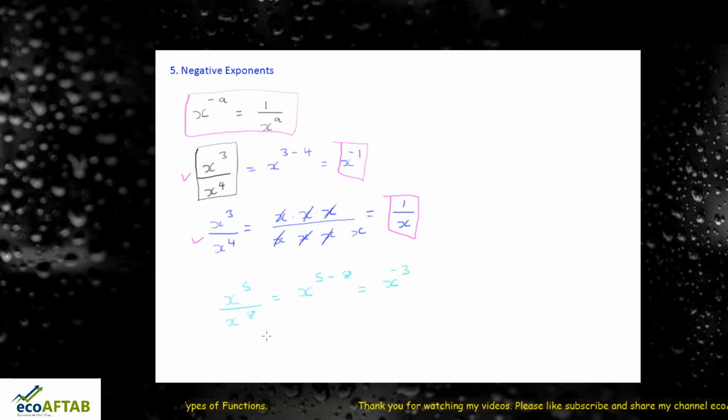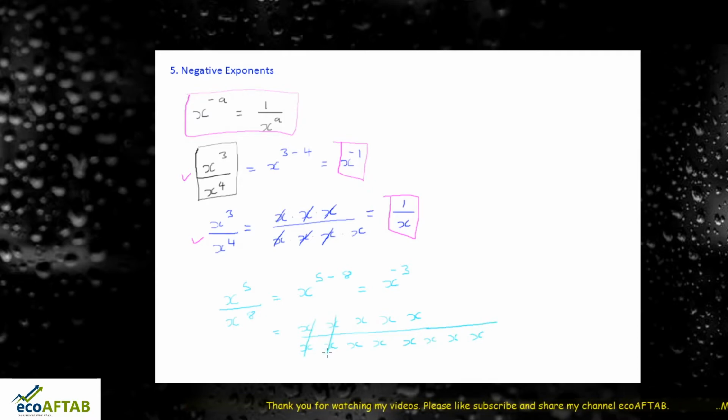If you solve it by our routine method, it will be x into x into x into x into x, x raised to 5 divided by x 8 times, 3, 4, 5, 6, 7, 8. So this is what we get.